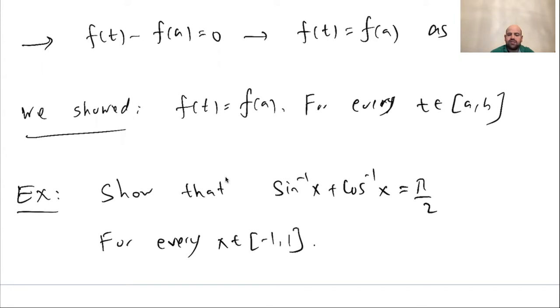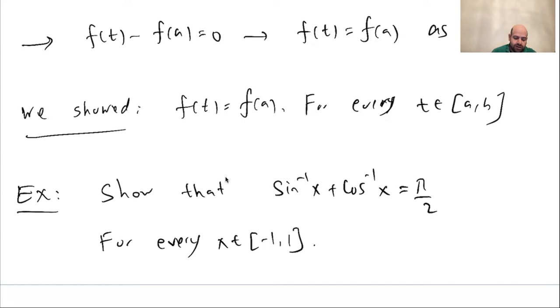So this is a trigonometric identity. You saw a proof for this identity without calculus, without using derivatives, in high school and pre-calculus. So you saw one proof in Math 100.